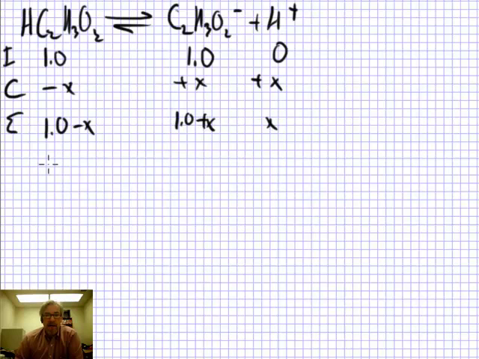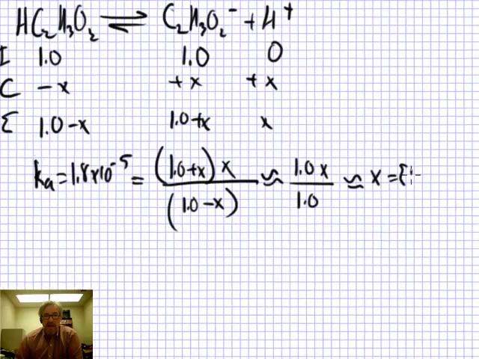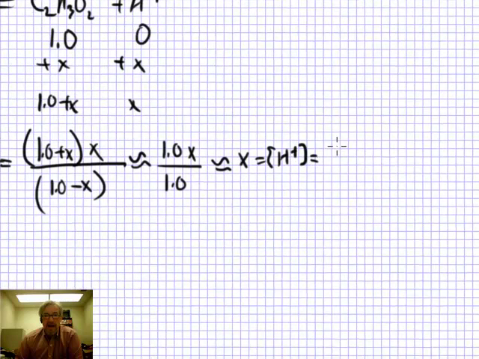Well, the Ka for acetic acid is 1.8 times 10 to the minus 5th. And in the numerator, we're going to have concentration of acetate ion, which is now 1.0 plus X, times concentration of H plus, which is X, divided by the concentration at equilibrium of acetic acid, which is 1.0 minus X. And because 10 to the minus 5th is small, we're going to assume that this is the same as 1.0 times X divided by 1.0, and that is X. So X, which is our H plus concentration at equilibrium, is equal to Ka in this case, which is 1.8 times 10 to the minus 5th.